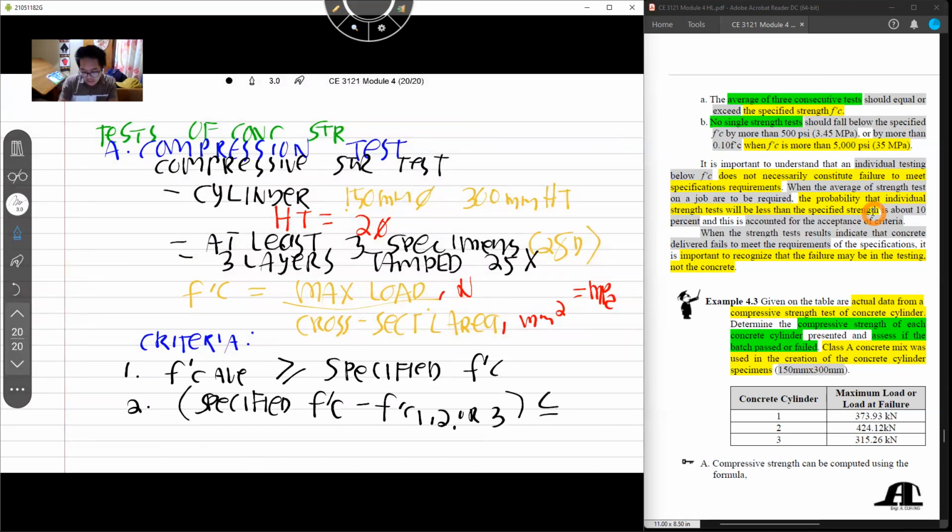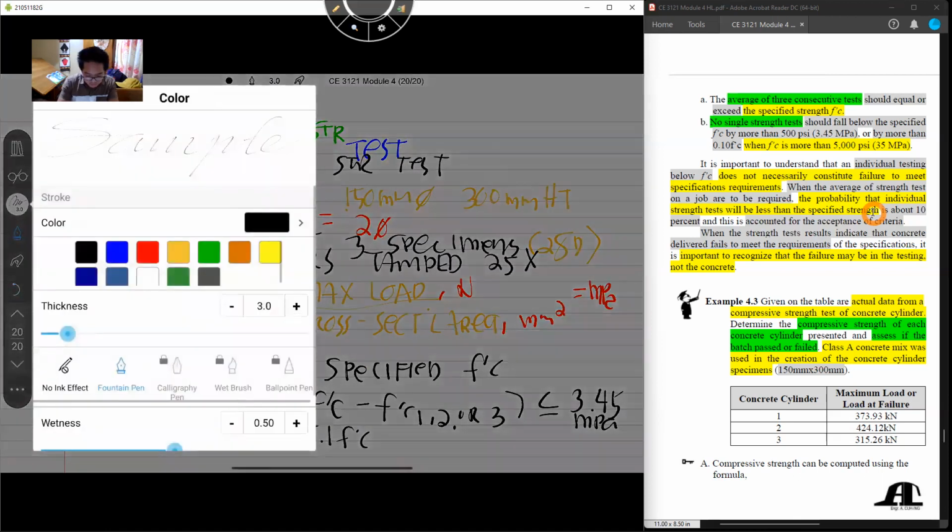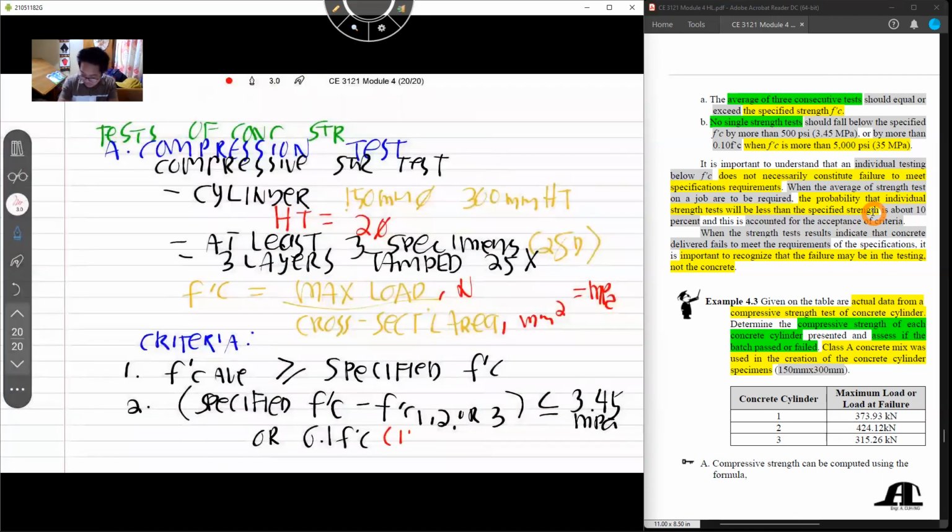Should be less than or equal to 3.45 MPa. Okay? Or, yun, yung 0.1 nung F prime C if i-read natin to. If F prime C is greater than yung 35 MPa.